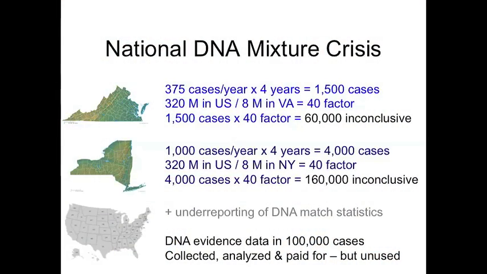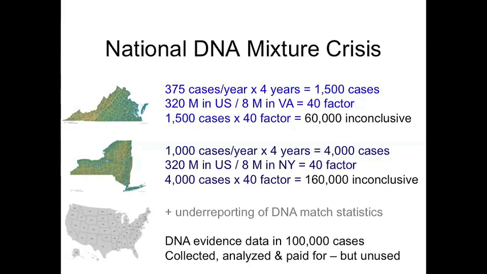I'm just going to give you two rough estimates. This is the state of Virginia, 375 cases, roughly in the year after SWGDAM 2010 came out. Could have been a larger period of time, could have been smaller. But in the last 4 years, 375 times 4 is 1,500. That's 1,500 cases in a place with a population like Virginia.